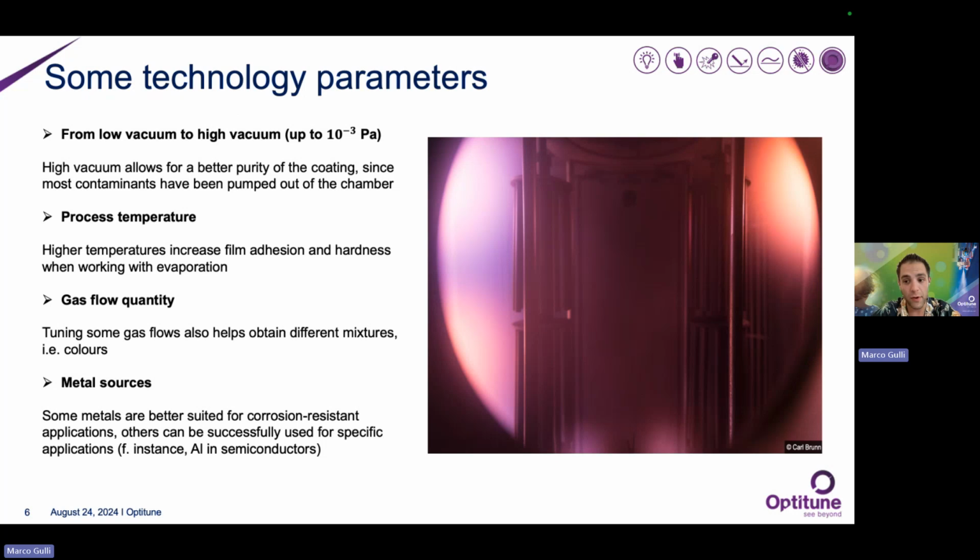Gas flows are important too, because depending on the quantities of gas, of course, we can determine a different color. And metals are a crucial part as well, because depending on the application, we should use a certain kind of metal, for example, when we're looking for a corrosion resistant coating, and we should avoid other ones.